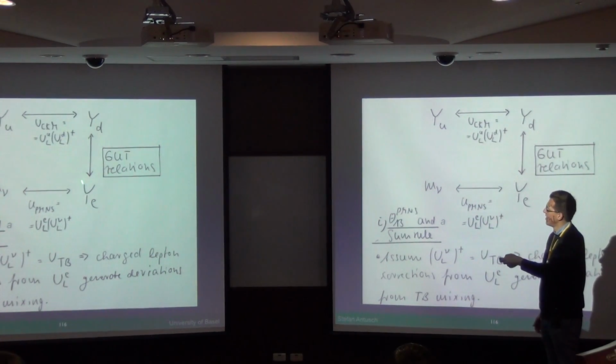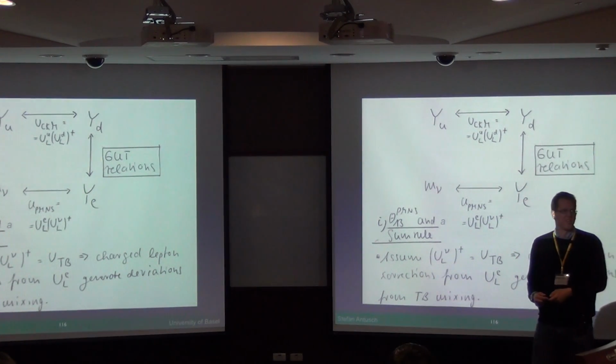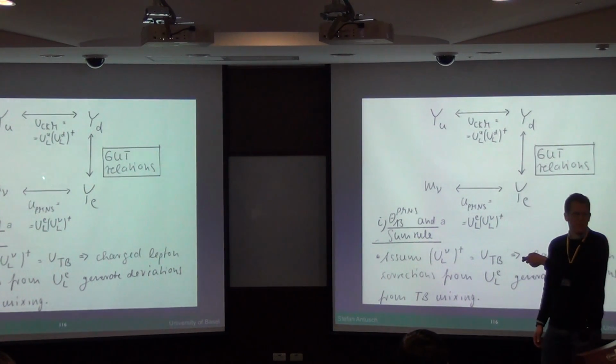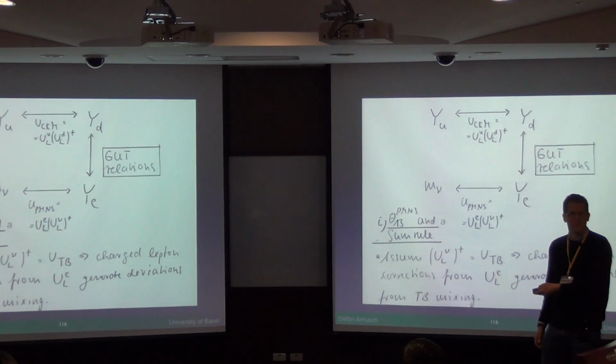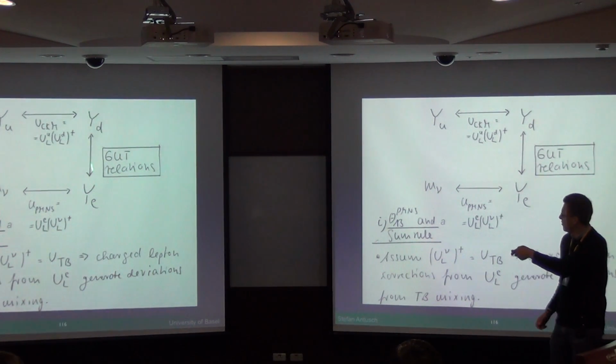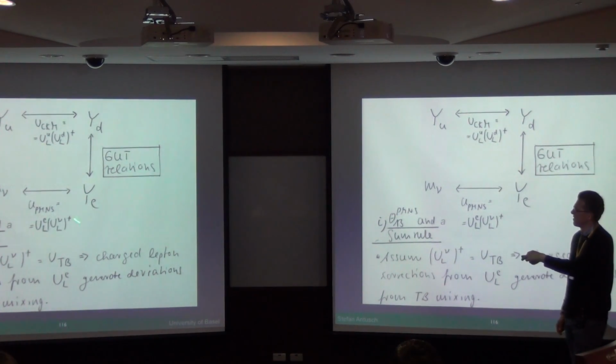It's getting a bit more complicated. These mixings are not equal because we were discussing that the masses of down-type quarks and charged leptons cannot be equal. So you need some group theoretical factors, some Clebsch-Gordan factors that give you the right mass relations. But nevertheless, it was always expected that some mixing comes from here.